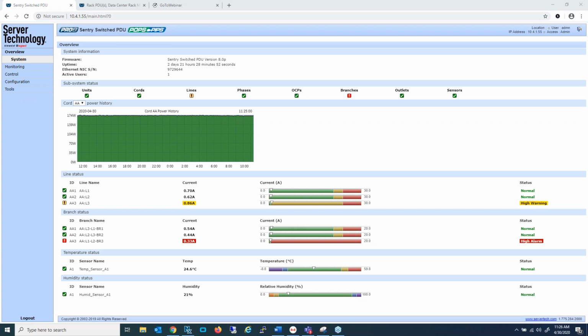Separately, the PDU actually does have a feature where it can notify you on out of balance. We have a feature that can be enabled that will tell you if you're out of balance beyond a certain percentage and alert you on that. It's not an issue necessarily, but it's an indicator that you could potentially do a better job balancing and be a little bit more efficient. Out of the box, the default for that is 20%.